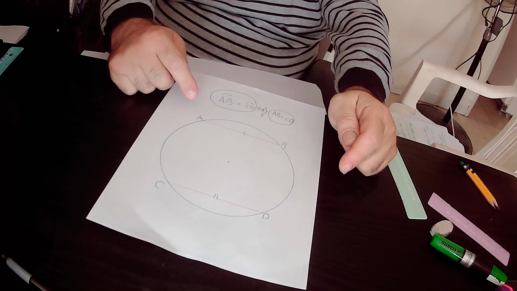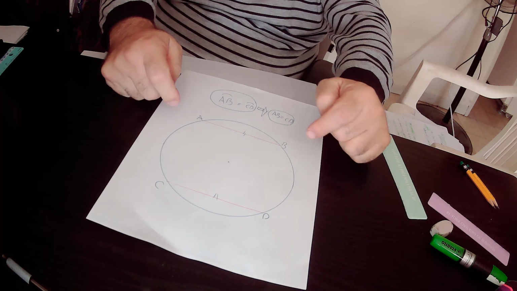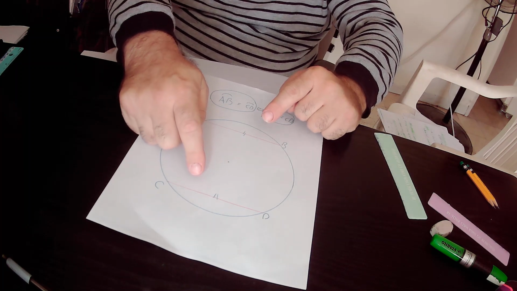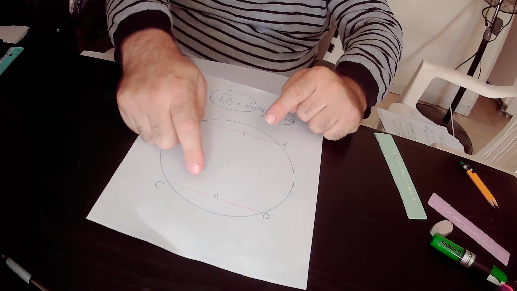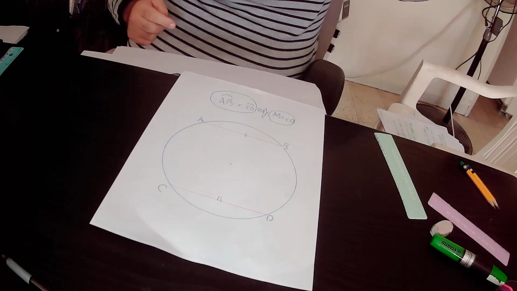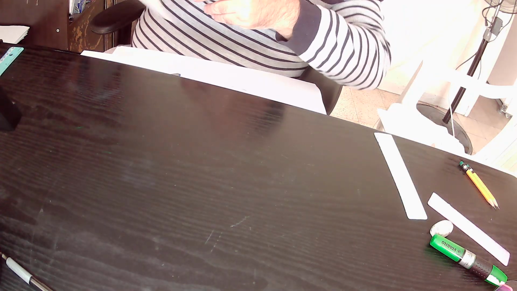So chord AB equals chord CD in its length because those two arcs are equal to each other, and therefore their corresponding chords, that is to say AB equals CD, must also be equal to each other. So we can implement rule 56 in our drawing.